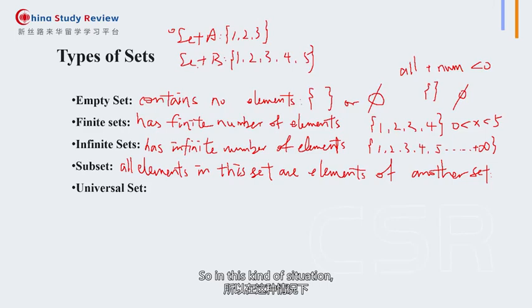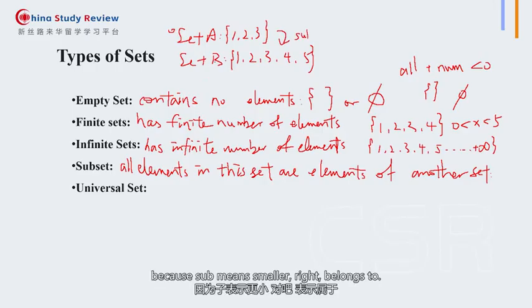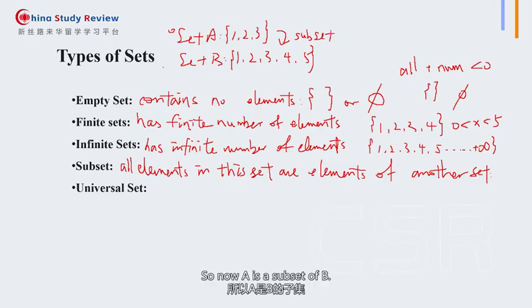So in this kind of situation, we will say that set A is a subset, because sub means smaller, right? A is a subset of B. All elements in A are elements in B. So this is how you understand subset.